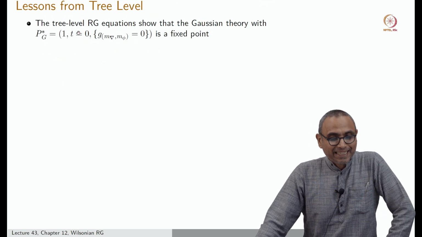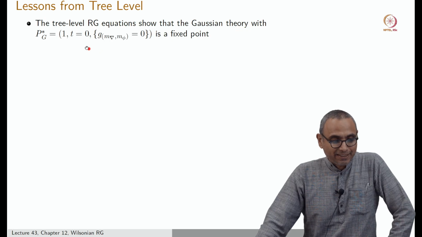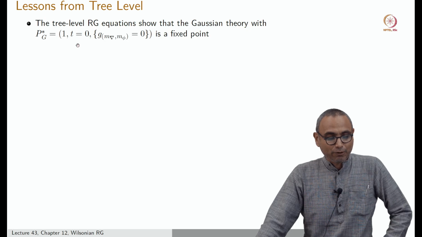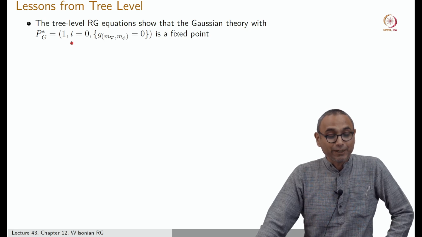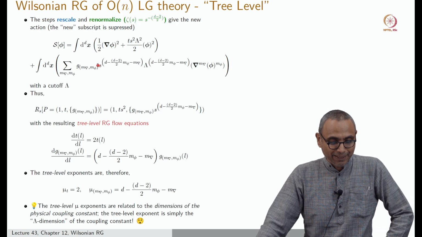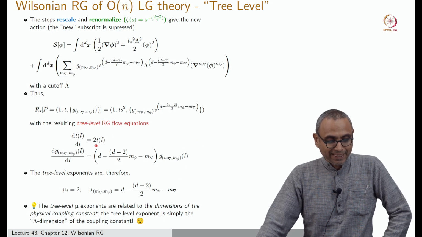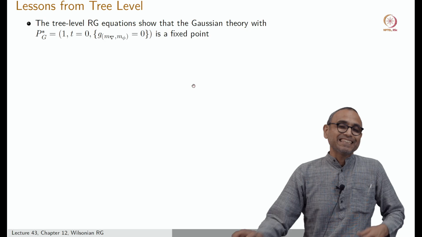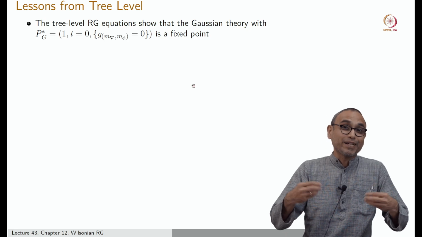So now the tree level renormalization group at Gaussian fixed point. For the tree level renormalization group, the Gaussian fixed point is a fixed point in the sense that if I set the beta function equal to 0, if I set these guys equal to 0, the right hand side, then t becomes 0 and this g phi becomes 0. So that is indeed a fixed point. And the question is, what are these operators doing around these fixed points?